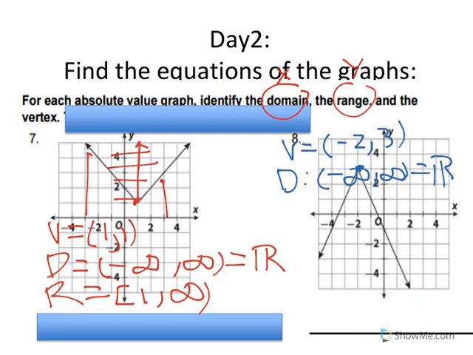The graph starts from this point and goes all the way down. So your range will go from 3 to negative infinity. And I want you to understand that notice how the range always starts from where k is, right? So that's the vertex, and that's our 3.